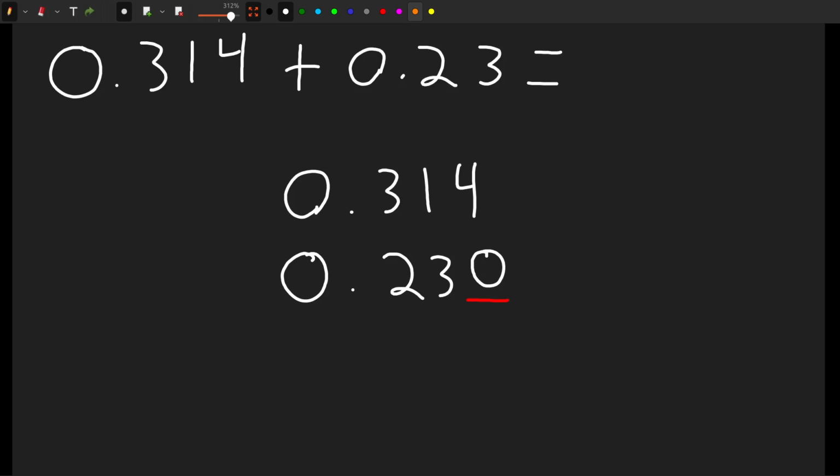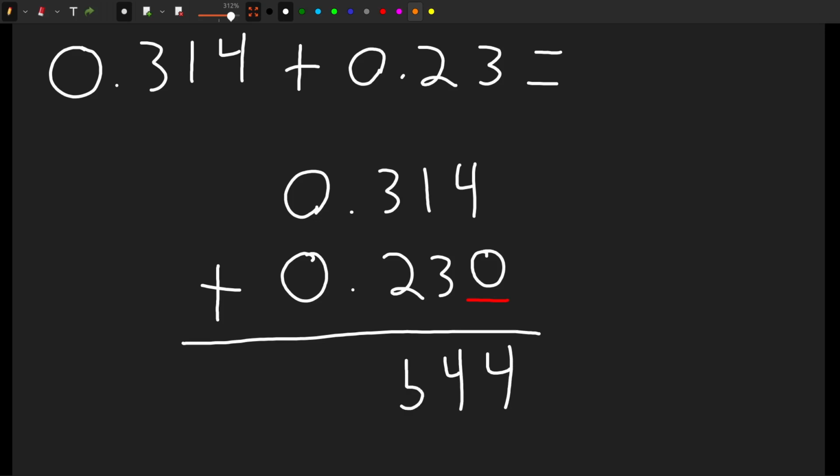So since it has 0 of these, I'm just going to add a 0. And now we can add like we do normally. 4 plus 0 is 4. 1 plus 3 is 4. 3 plus 2 is 5. 0 plus 0 is 0. And then carrying the decimal, my answer in this case is 0.544.